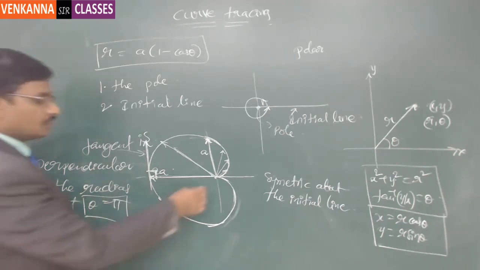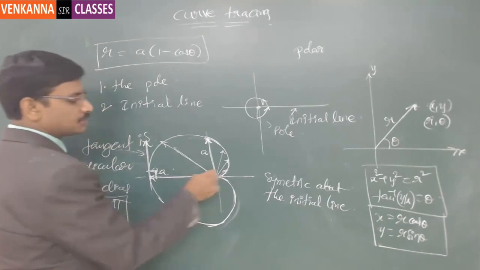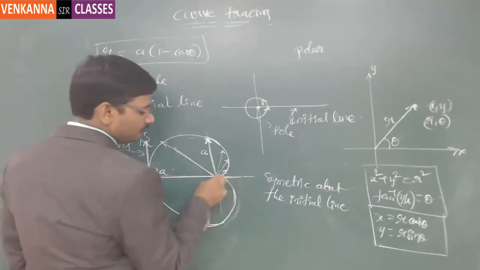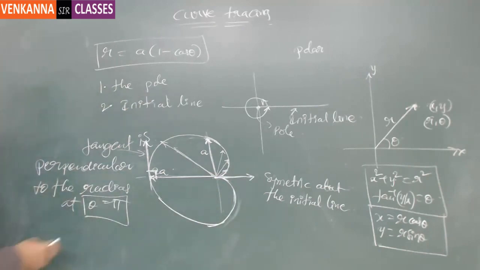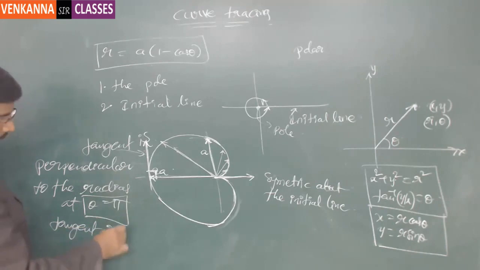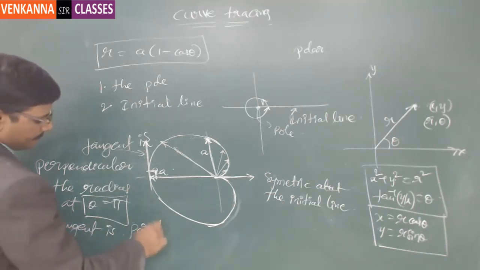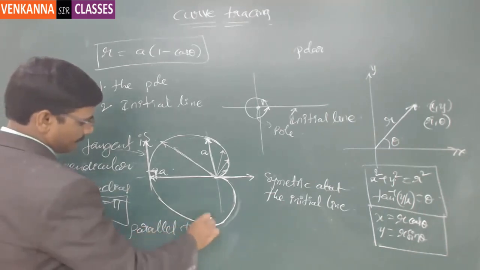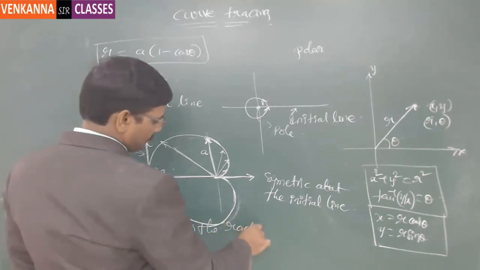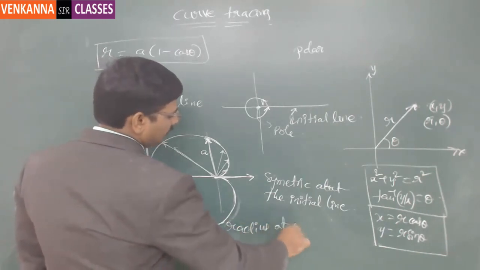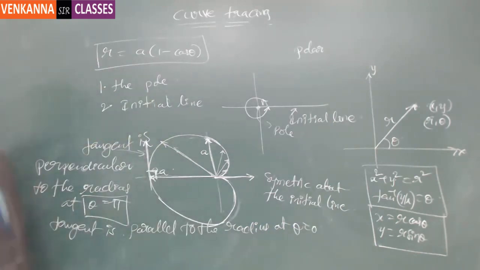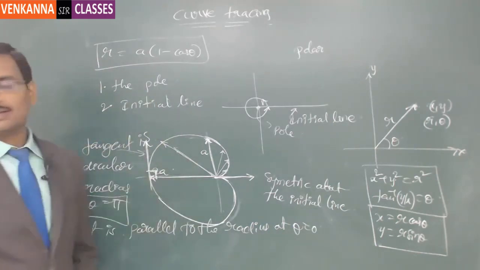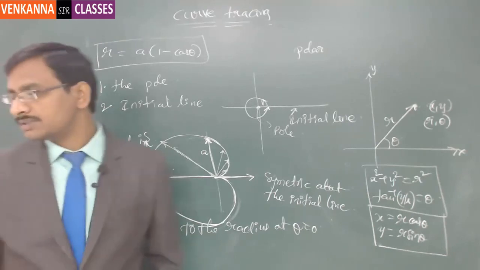And at this particular point, if you draw the tangent, it is exactly starting like this. So the tangent is parallel to the radius at theta equal to 0. So this is how you will be tracing in the case of polar coordinates. Got it?